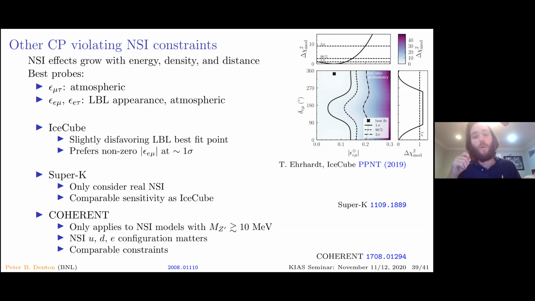So it only applies if the mediator mass is heavier than some limit around 10 MeV. You can also get around the COHERENT constraint by shuffling around up quark, down quark, and electron couplings. These things don't matter for oscillations, but they do for scattering. In any case, even if you don't do any of that funny business, the constraints are still about the same as IceCube, or a little bit worse. So this is not a problem either.